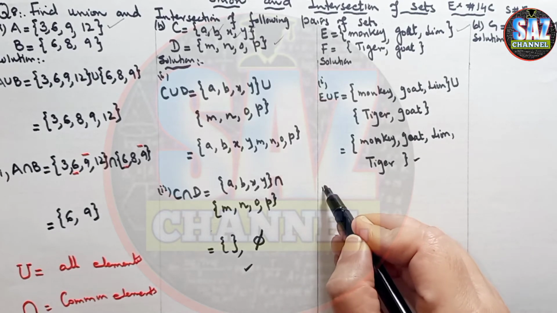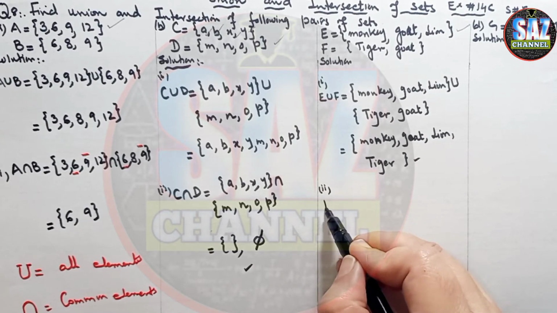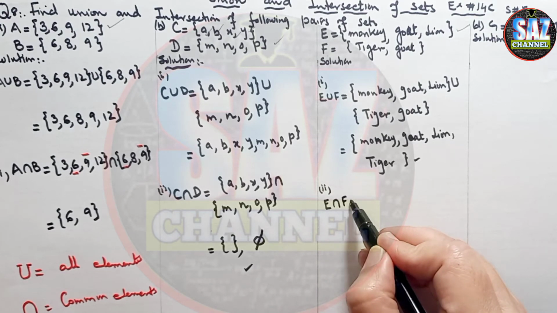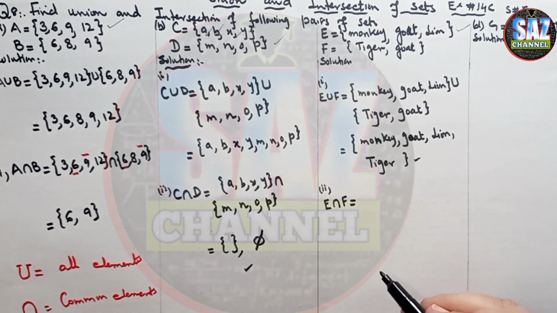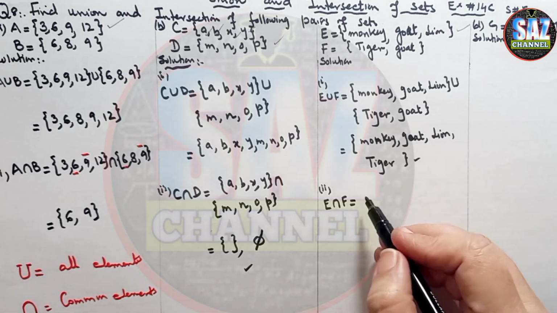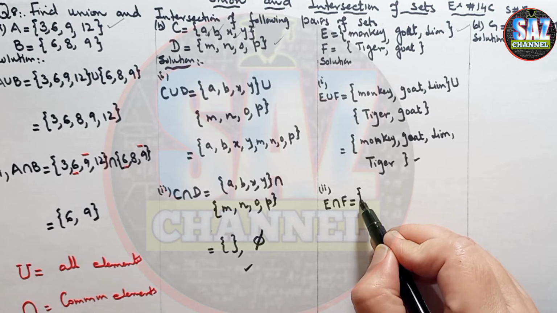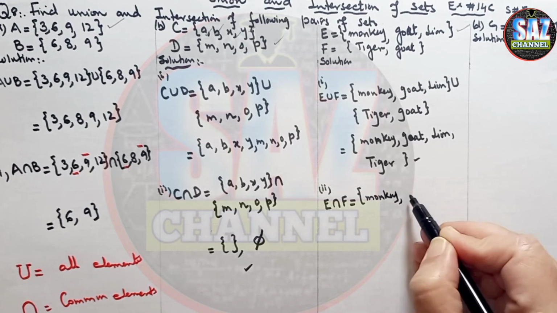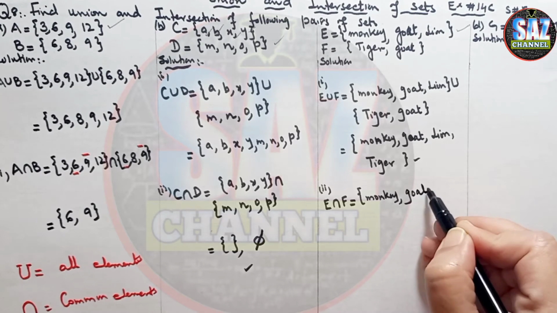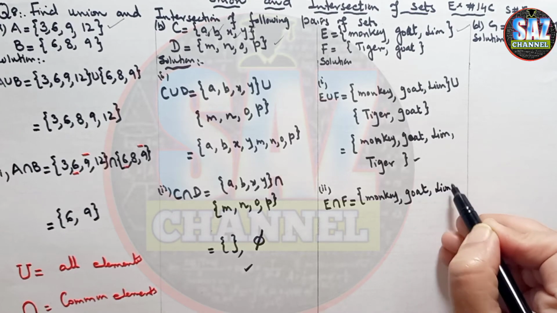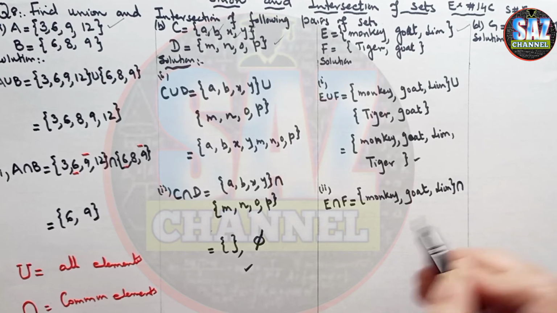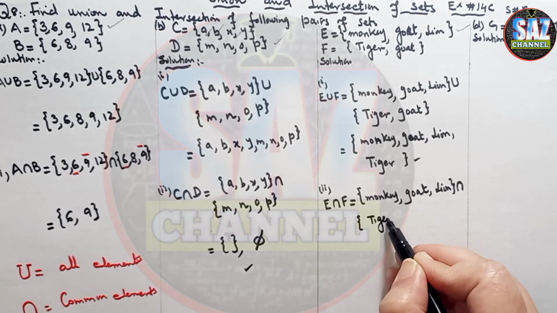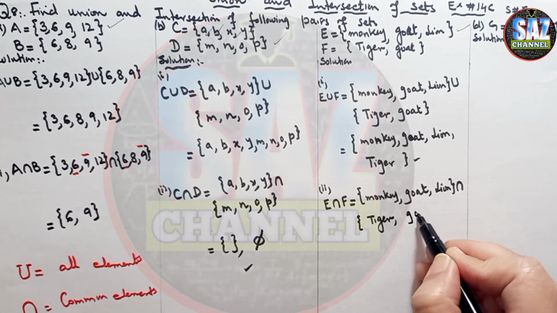Coming to the intersection problem. Intersection means the common elements. You have to drill these terms twice or thrice so that the idea becomes clearer to you. Then I write the elements of set E, that is monkey, goat, lion, and then I put the symbol of intersection, and the second set is tiger and goat only.